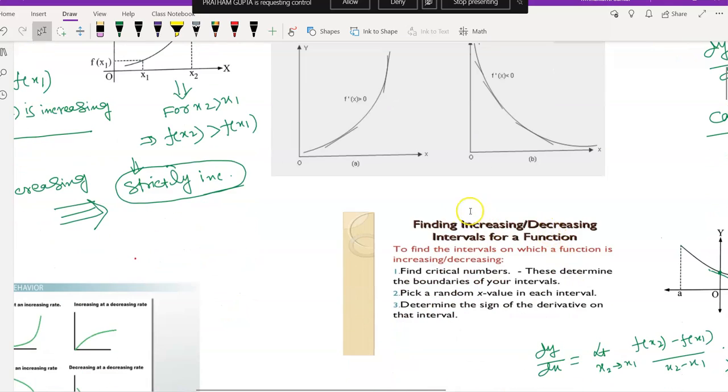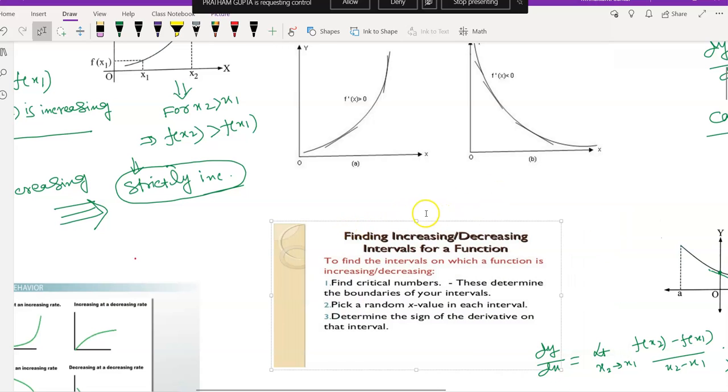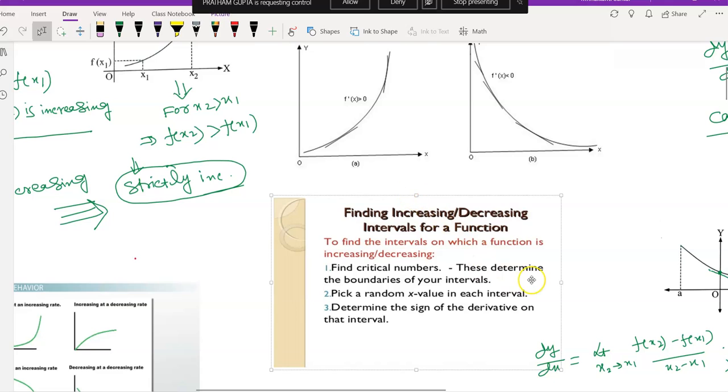Now let me tell you, you can have your class notes here, what the steps are to find the increasing and decreasing property of a function over an interval. I have written 3 steps here to determine whether a function is increasing or decreasing.